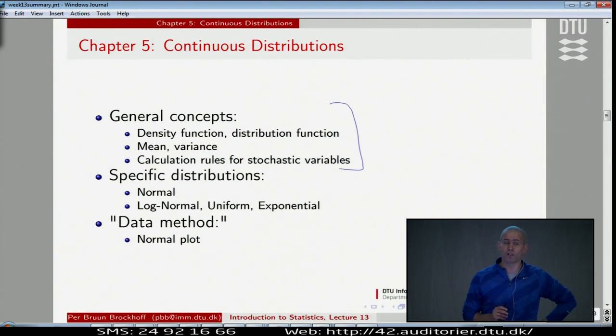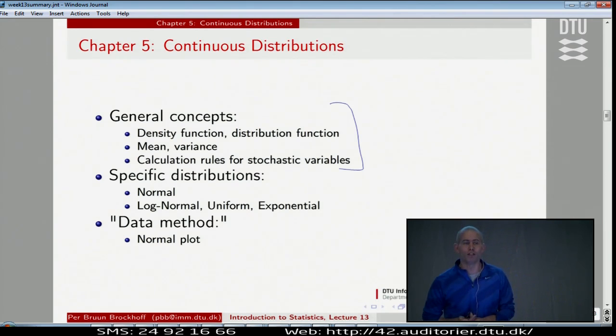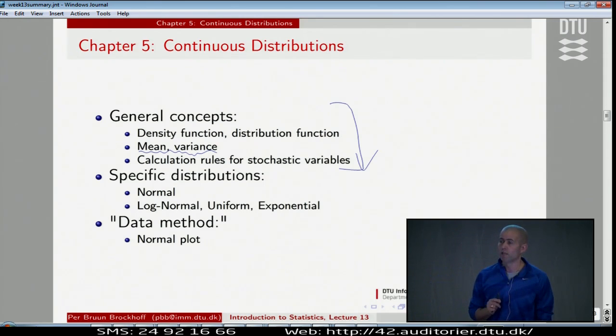Density and distribution function as the generic sort of functions giving name to the probabilities, or you should be more exact here, the probability intensity, if you want. We could also deal with mean and variance considerations in general probability models. And we had some calculation rules for those. Remember my airline and ship examples where we were adding up something, and we could use some computation rules for mean, and especially the variance rule was important to get the right version to make the right conclusions.